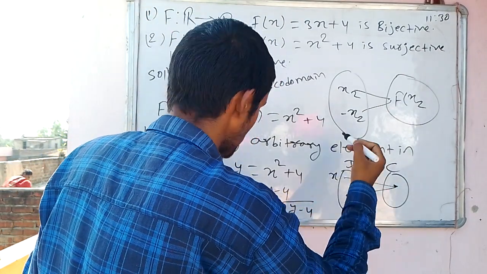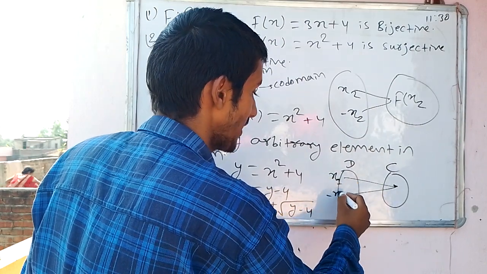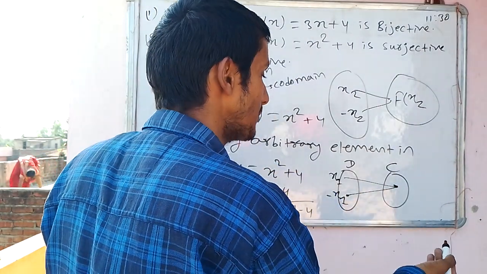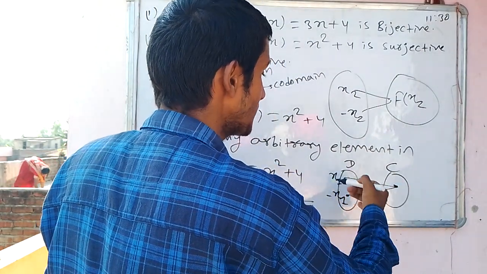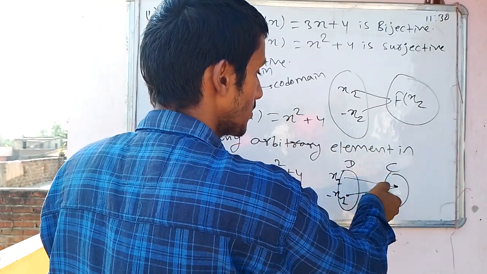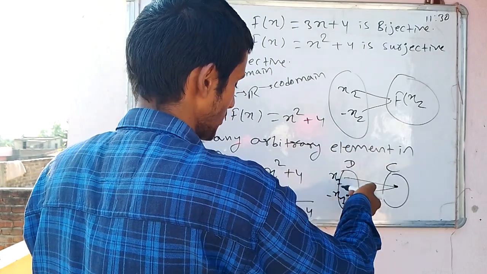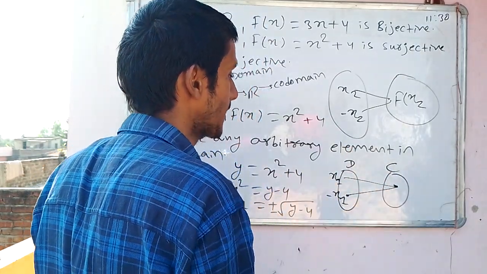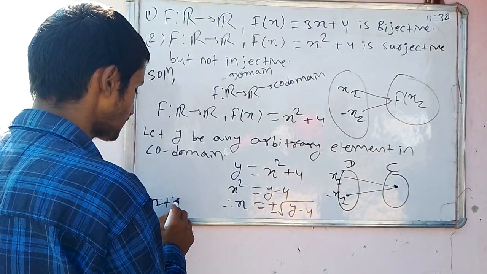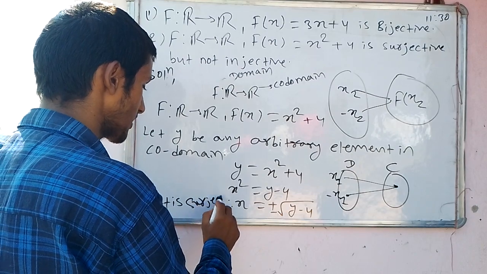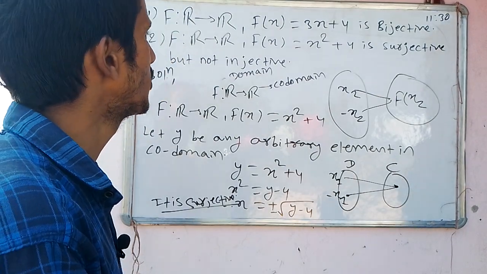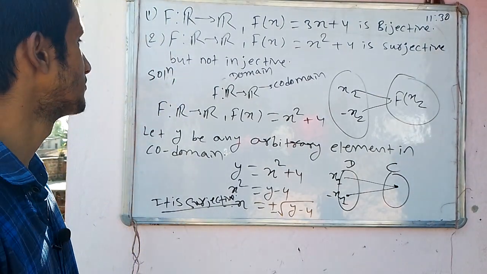You might have x1 and minus x1, both mapping to one exact same element. But there does exist an element in the domain such that f of x1, or any element, f of x is equal to y. It means it is surjective. So this function is surjective. So this was it for this video, and see you in the next video.